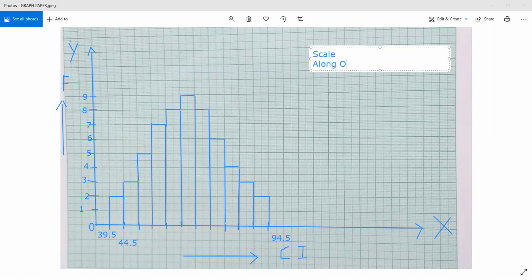Along OX, how much did you get? 1 unit is equal to 1 class interval, and along OY it will be 1 unit is equal to 1 frequency.